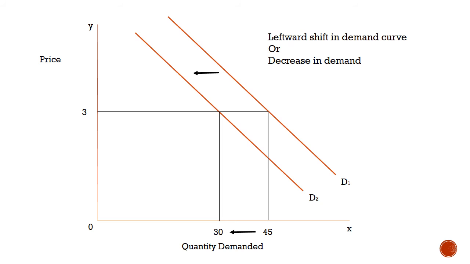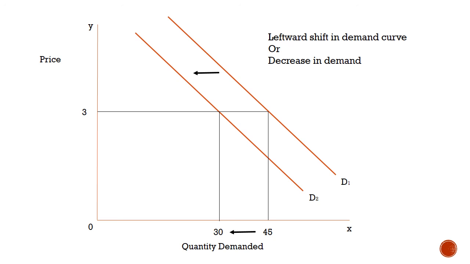Now students, for example, if the income of the consumer decreases, he wants to buy less than he was buying before. So the quantity demanded decreases, but there is no change in price. So the decrease in quantity demanded is caused by a factor other than price, and that factor is income.